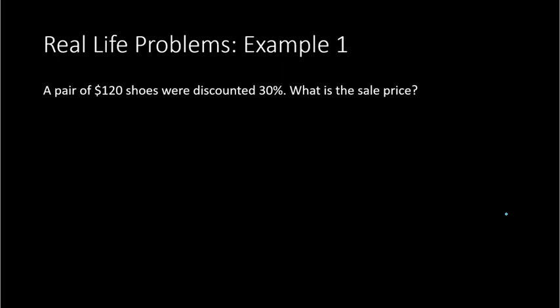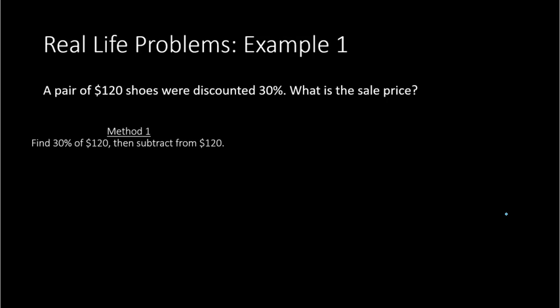So here we see our first real-life example, where let's say you are buying a pair of shoes. And this pair of shoes was originally $120, but it is discounted by 30%. The question is, what is the sale price? So there's actually 2 different approaches here as well that we can use to find the answer to this problem.